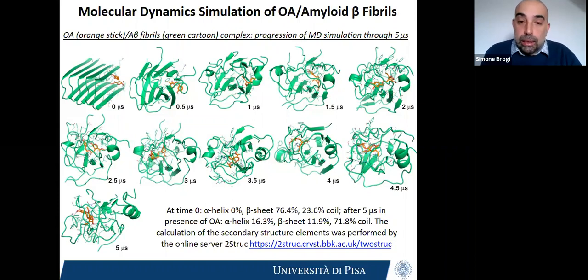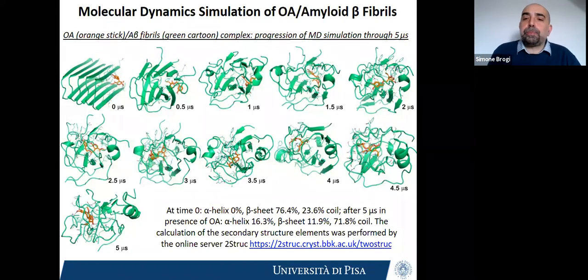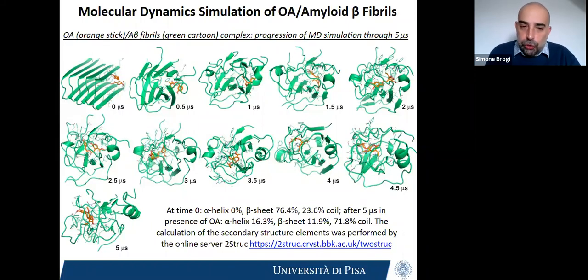Considering that the starting beta sheet content is over 76%, after 5 microseconds of simulation in the presence of oleuropein aglycone, we found that the beta sheet content is dramatically reduced to 12%.